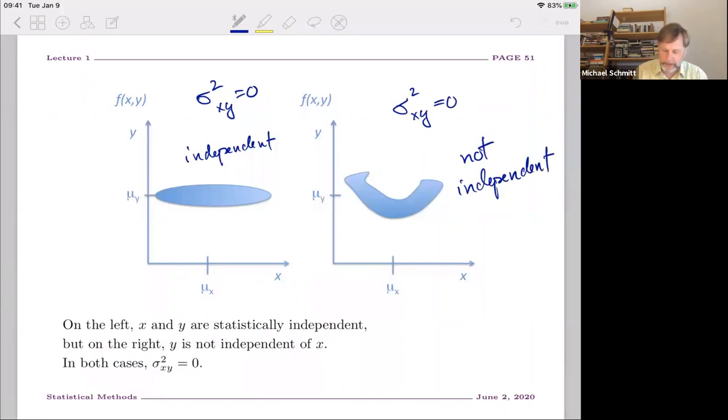This shape cannot be expressed as a product of a function of x and a function of y. It's also true that if I take a slice of x here and I take a slice here, I will get different PDFs for y. So these are not independent. This is independent, but in both cases, the covariance is 0. Okay.